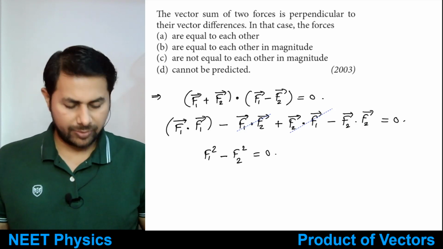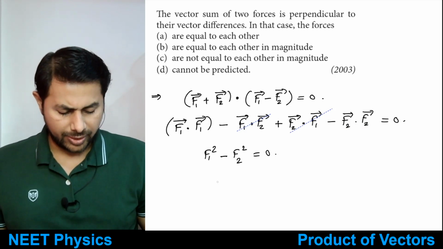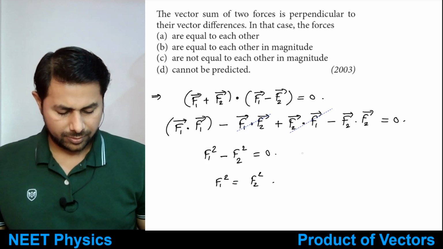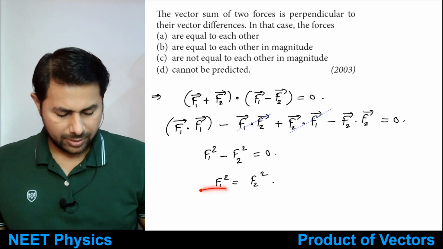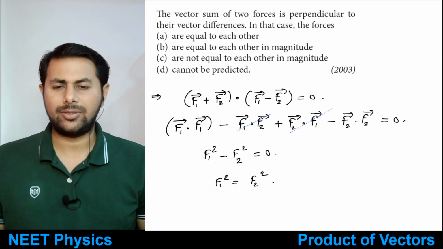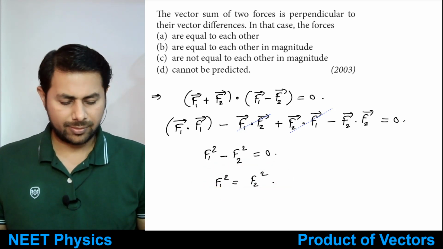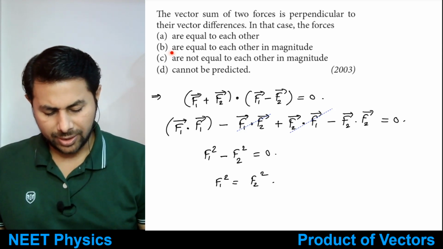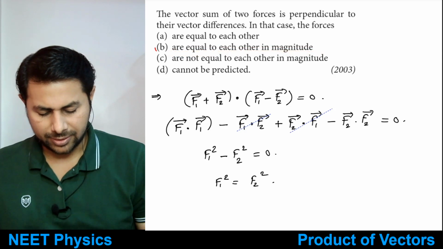That means F1 square is equal to F2 square, and that means their magnitude is the same. So this thing is clear. They are equal to each other in magnitude is the answer.